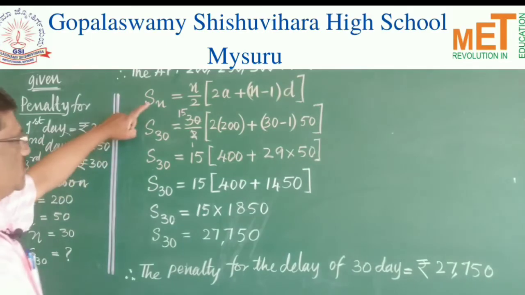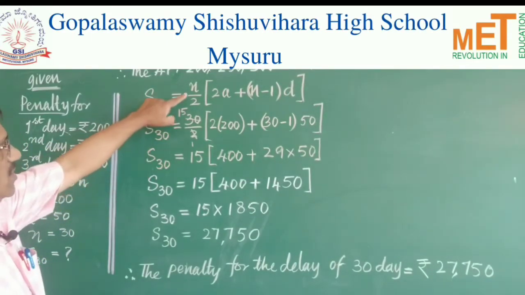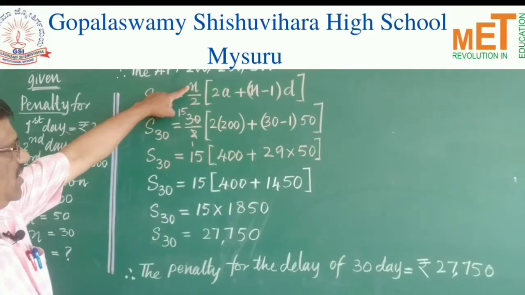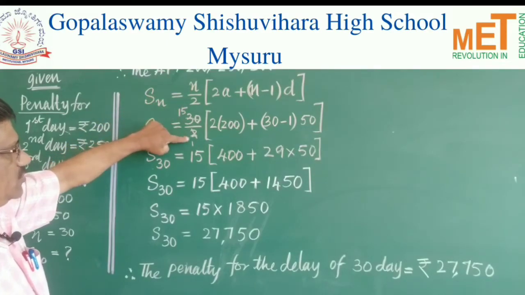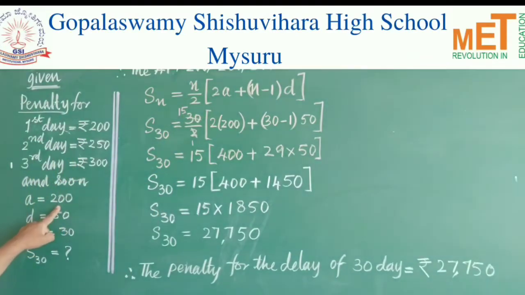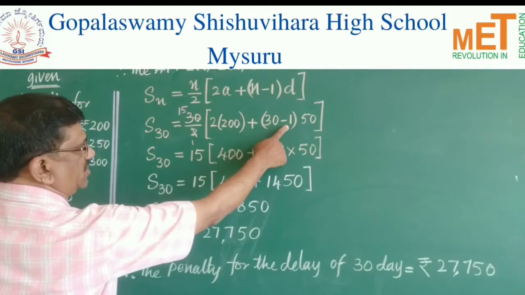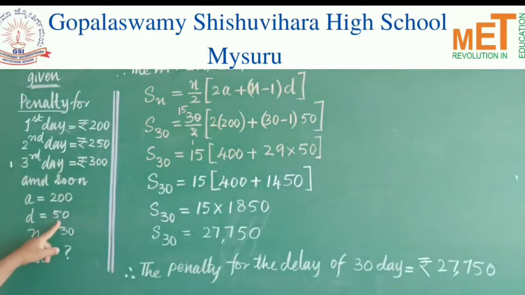Okay. So n is 30 because it is 30 days. So n by 2 means 30 by 2 into 2 into a, that is 200, plus n minus 1, that is 30 minus 1, into the common difference 50.